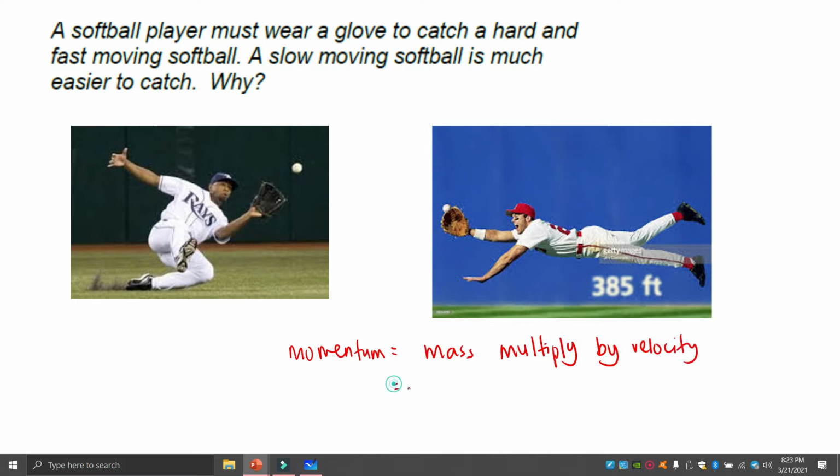Or you can put it in a formula, mv, and the unit is: mass is in kg, velocity is in ms^-1. So this is the meaning of momentum, the formula for momentum, and also the unit. So why is it hard for the softball player to catch a hard and fast moving softball? Because it has a high momentum.